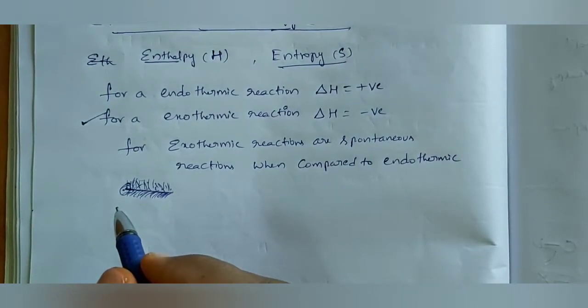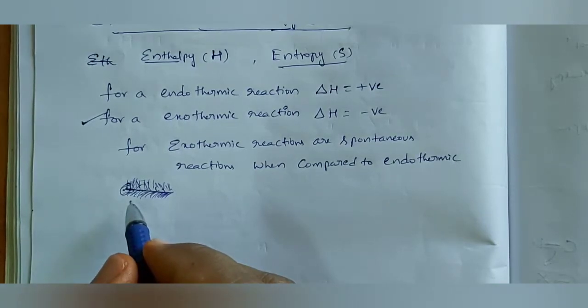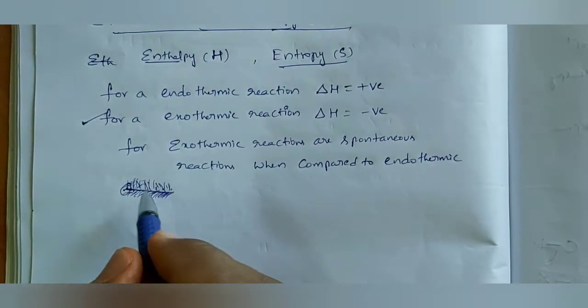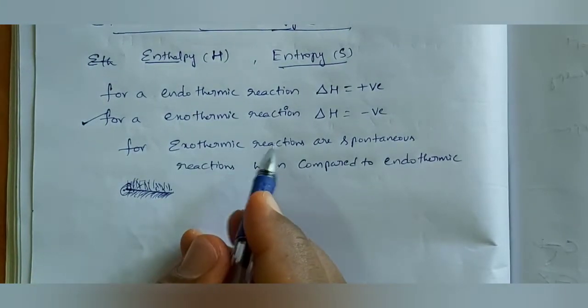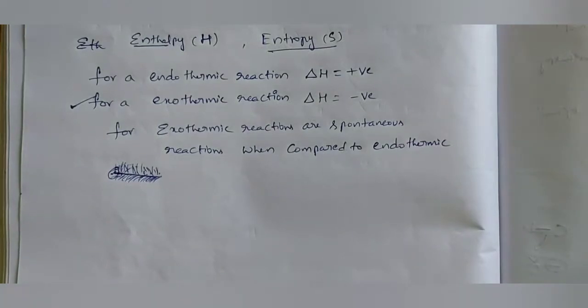So if you give a starting trouble, some amount of energy, automatically that energy is caught by the compound and it undergoes further reaction. No need to give further energy. Like this, exothermic reactions are spontaneous, meaning they happen easily when compared to endothermic.